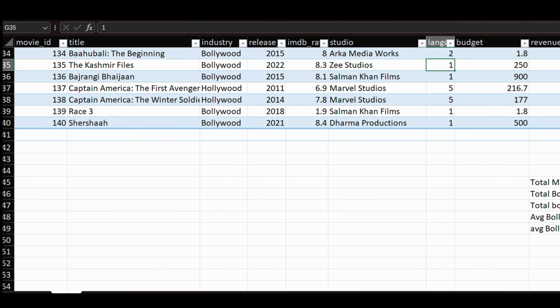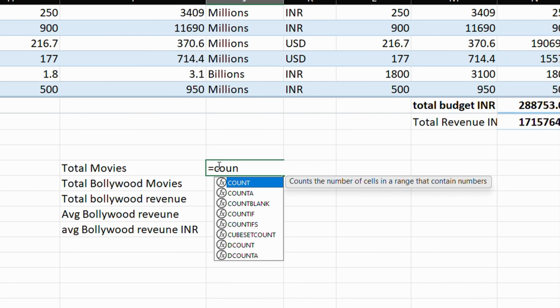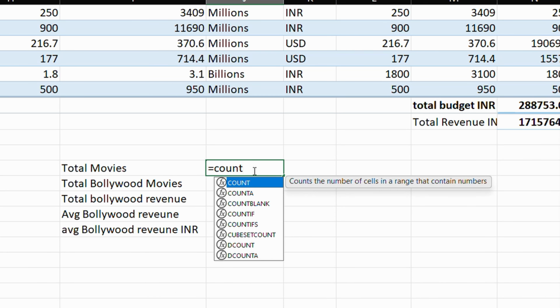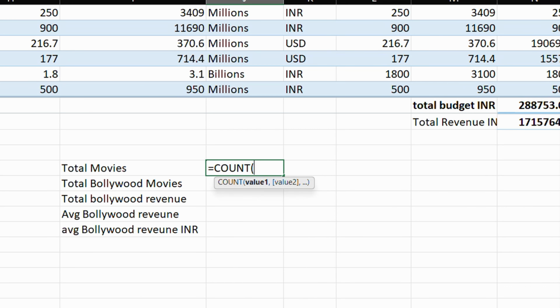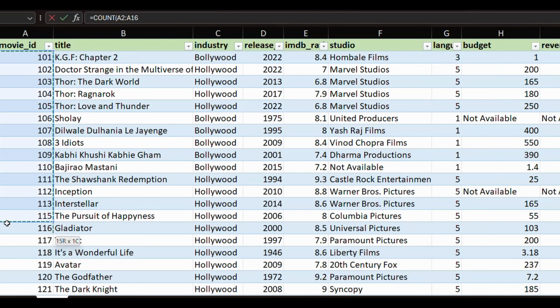Equals to count, and go to this side. Just drag it from here to movie ID.